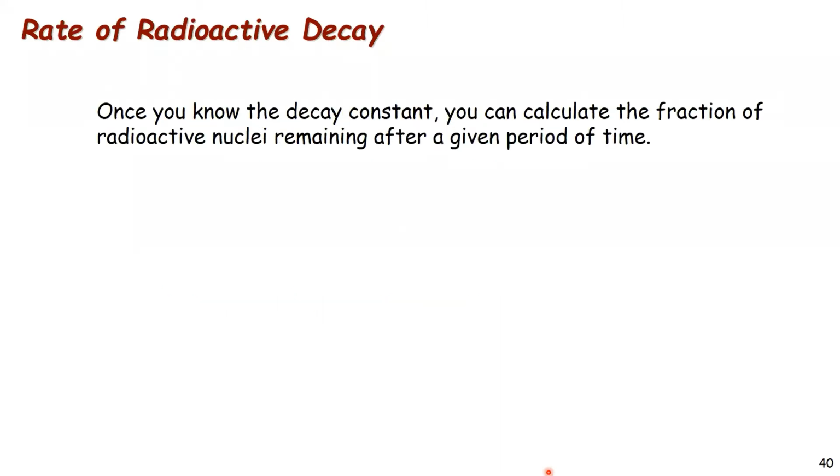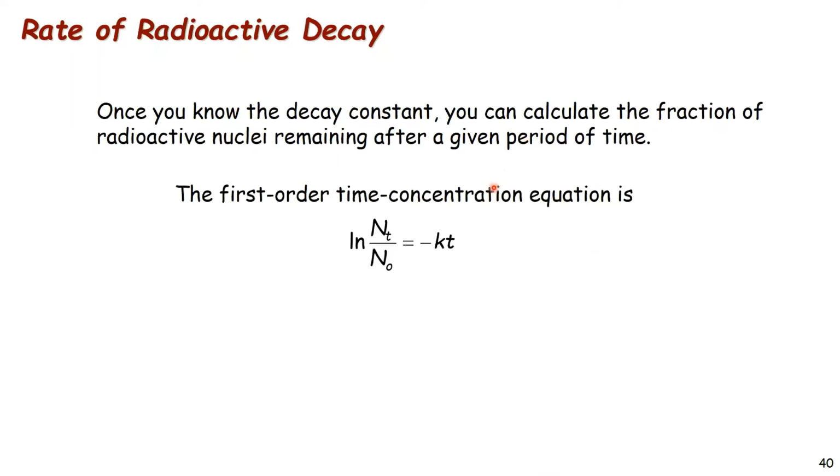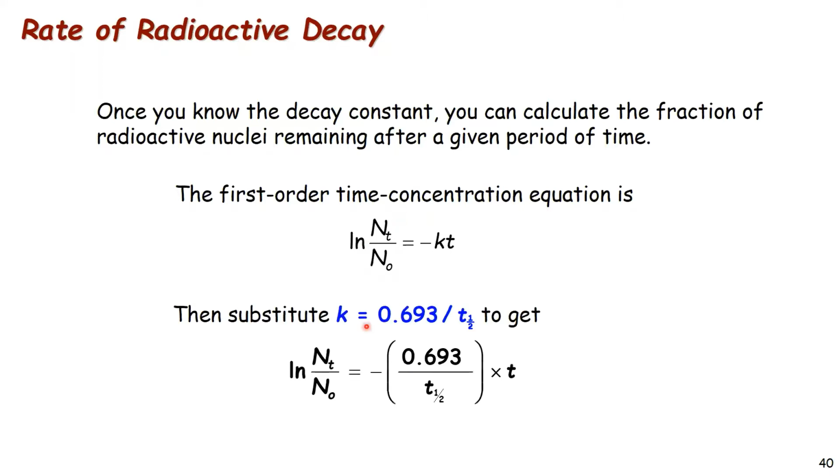Okay. Now, once we know the decay constant, we can calculate the fraction of radioactive nuclei remaining after any given period of time, right? Again, remember, this represents the fraction of nuclei that remain at any given time. Now, K, normally you don't find a decay constant for radioactive decay. What you find is a half-life, right?